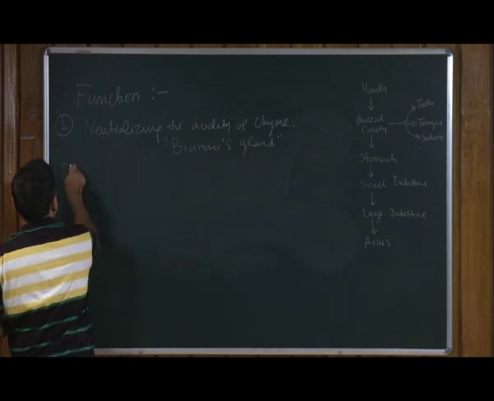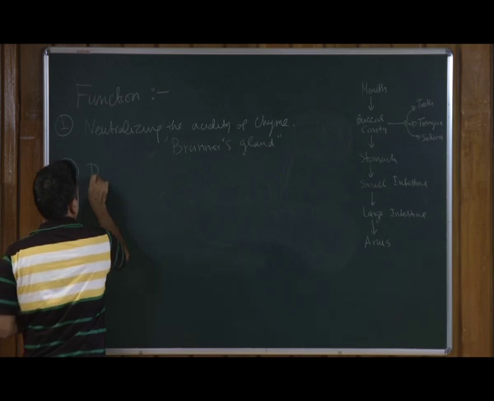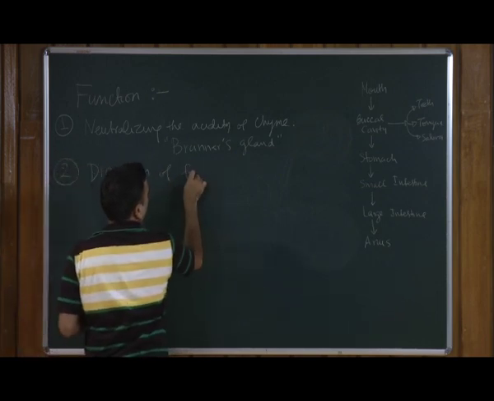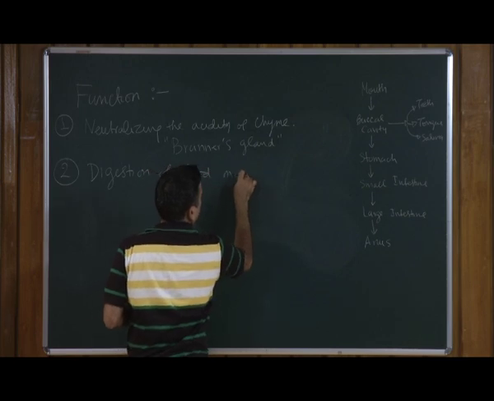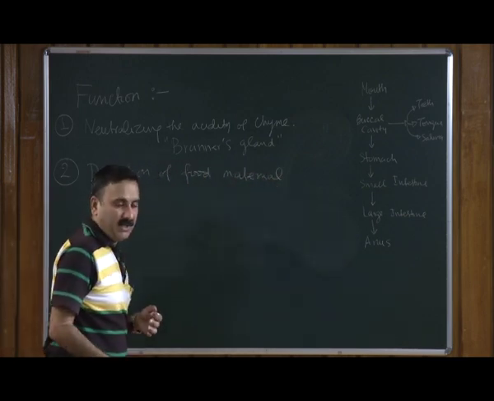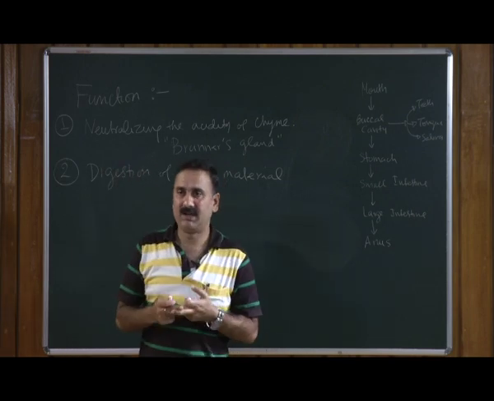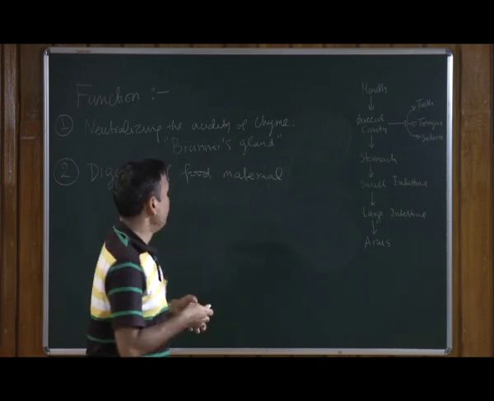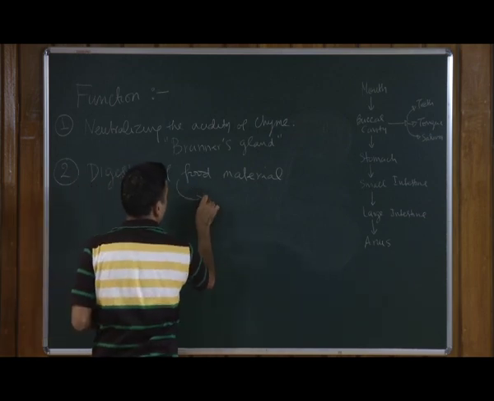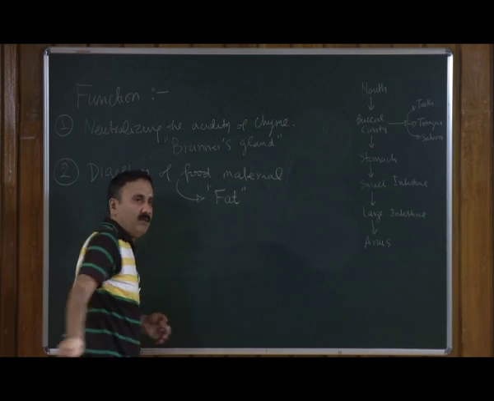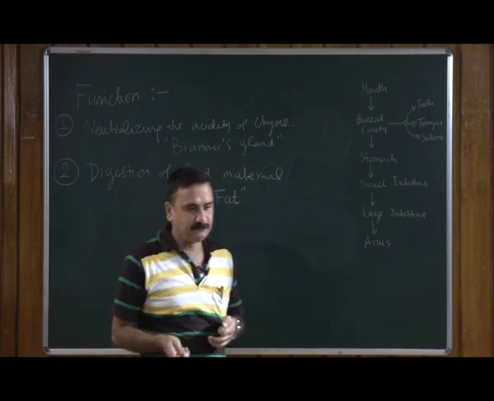Number 2, digestion of food material, and anyway we are going to discuss the digestion in detail. Then you will know which materials are going to be digested in the stomach and which molecules are going to be digested exclusively in the small intestine. The molecule which is exclusively digested in the small intestine is fat.